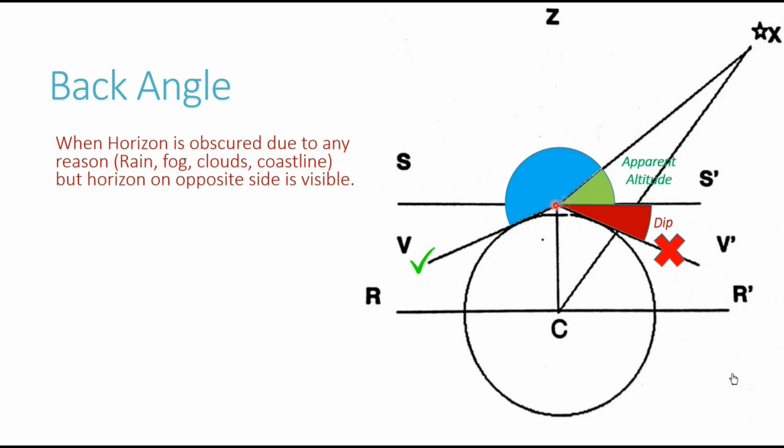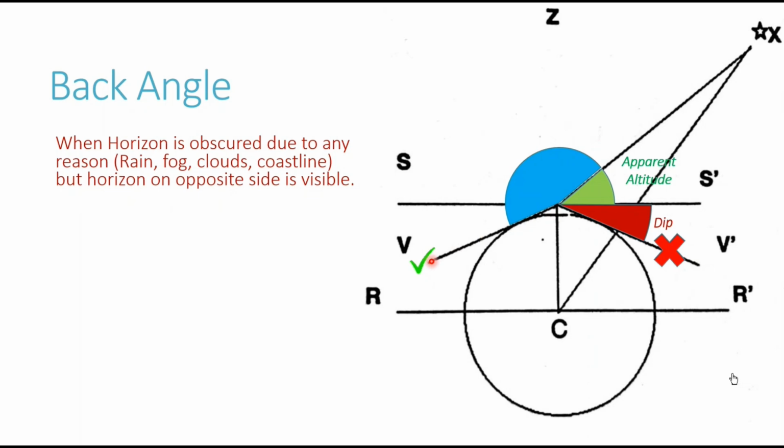Since the horizon on the opposite side, that is OV, is visible to us, instead of measuring the angle to the normal horizon, we measure the angle from the center of the celestial body to the horizon in the opposite direction, represented by the blue color angle in the diagram. The blue color angle is the angle between the center of the body and the horizon on the opposite side to which the body is.